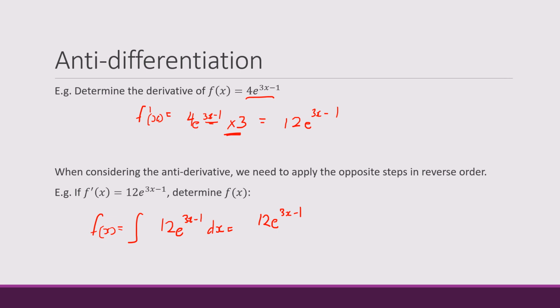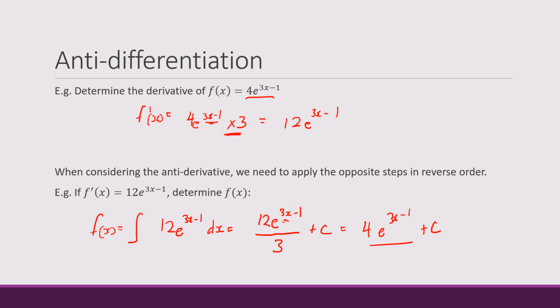But instead of multiplying by the derivative of our power, we're going to divide by the derivative of our power. To simplify, 12 over 3 is 4, which nicely fits with the function we started off with.